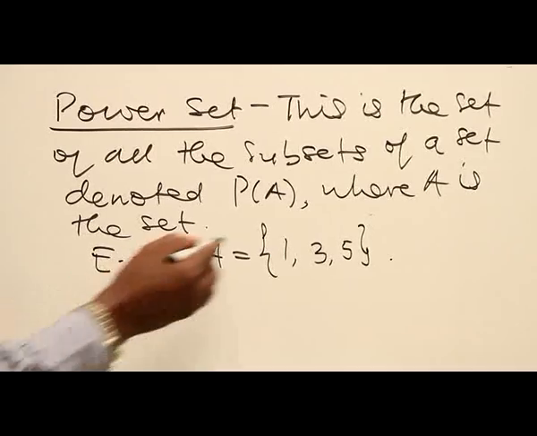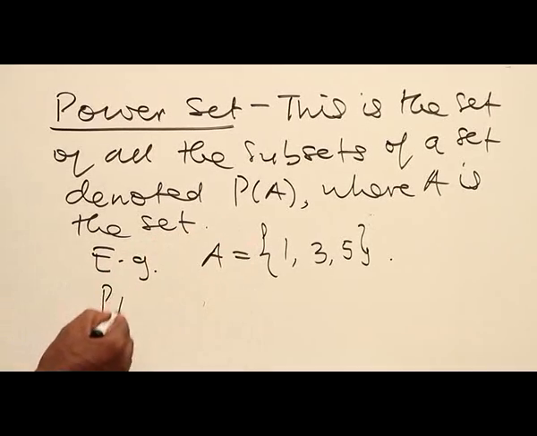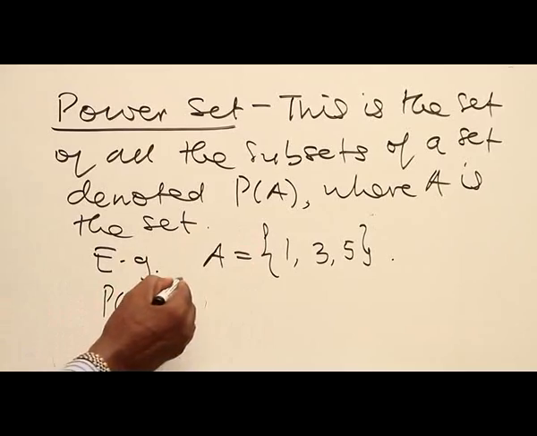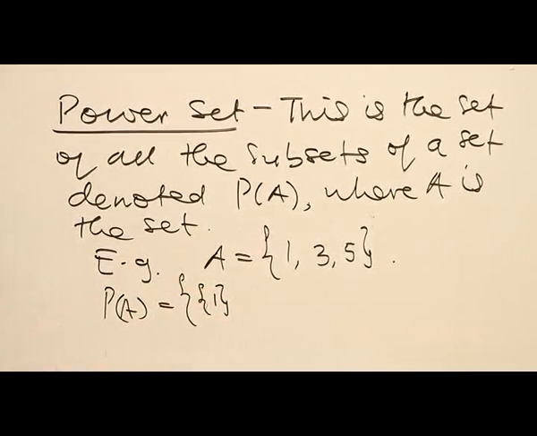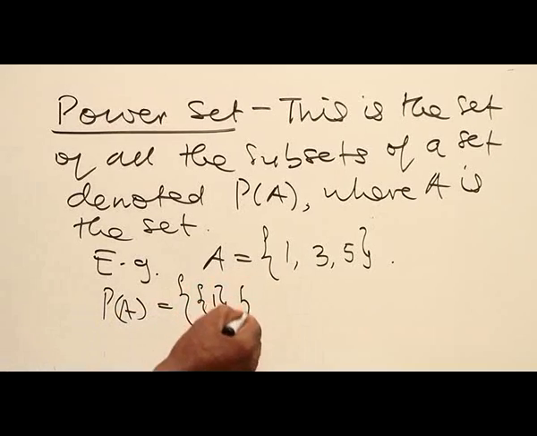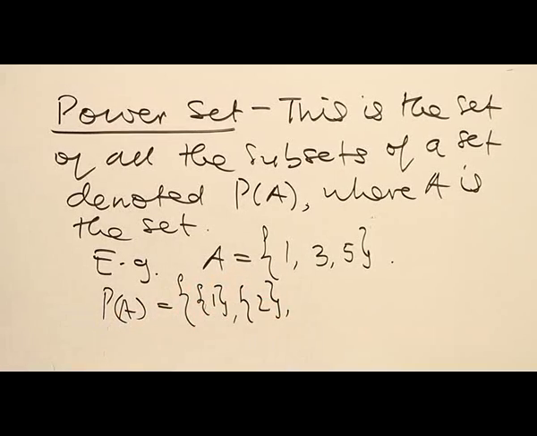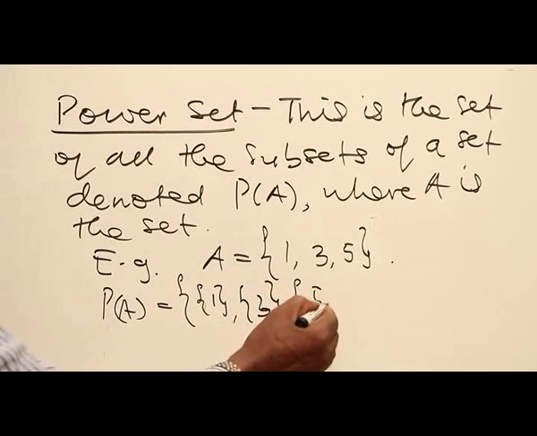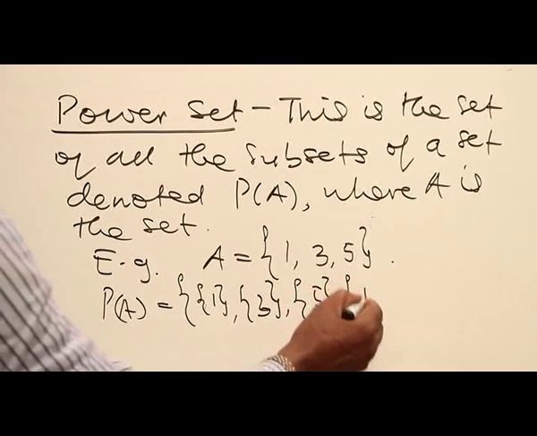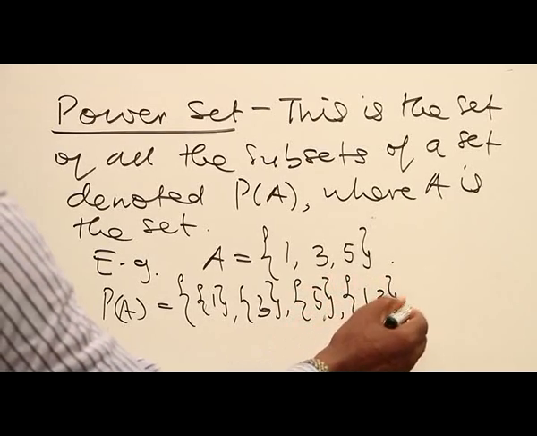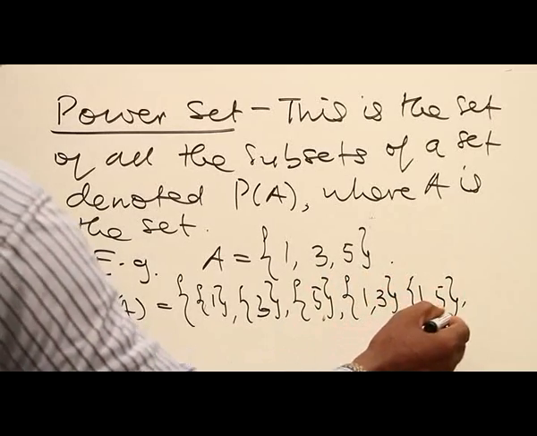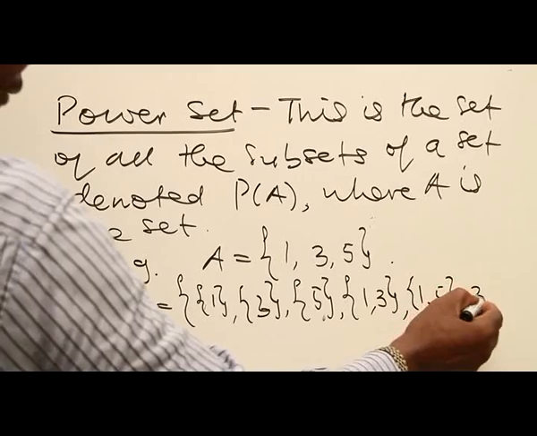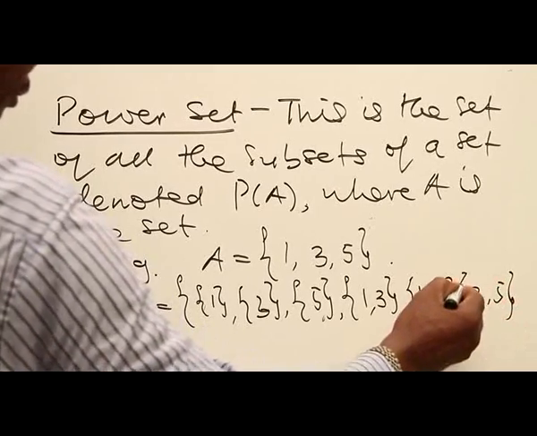For us to write the subsets of A, P(A) will be equal to: we have the set 1 is a subset of A, 3 is a subset of A, then 5 is also a subset. Let's combine now. 1, 3 is a subset, 1, 5 is a subset, and then of course we have 3, 5 is a subset.